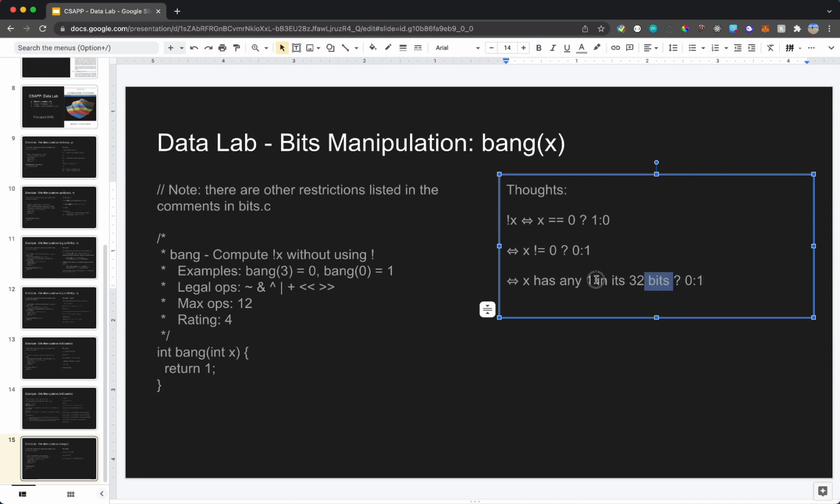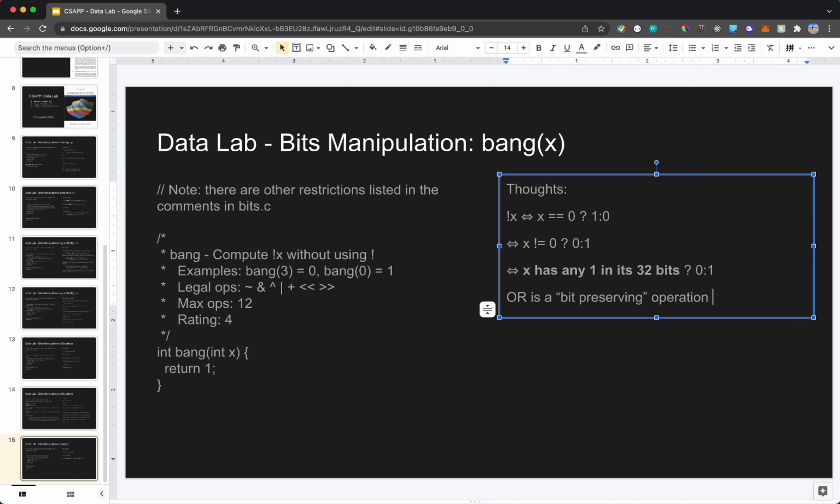So now it's very apparent that the core of this problem is to test whether x has any 1 in its 32 bits. To test this, we can leverage the bit-level OR operation. Why is that? Because we can consider OR a bit-preserving operation.